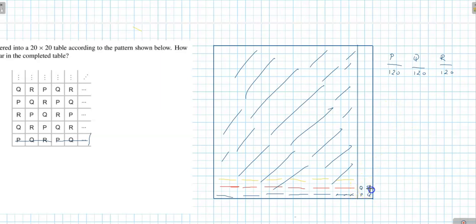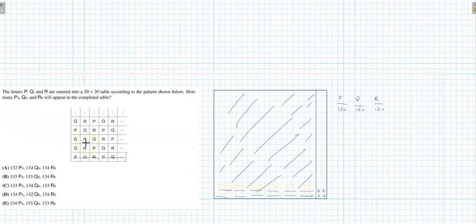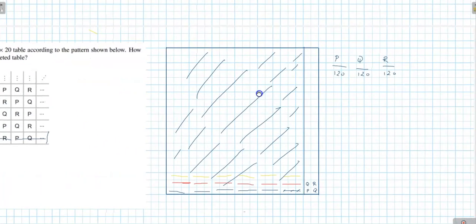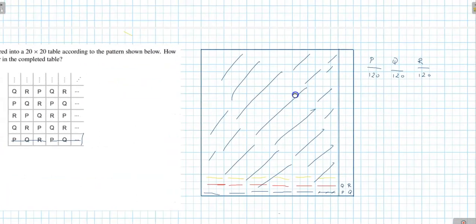Even we can find from here PQR, because the next line is going to start with PQR, QRP.